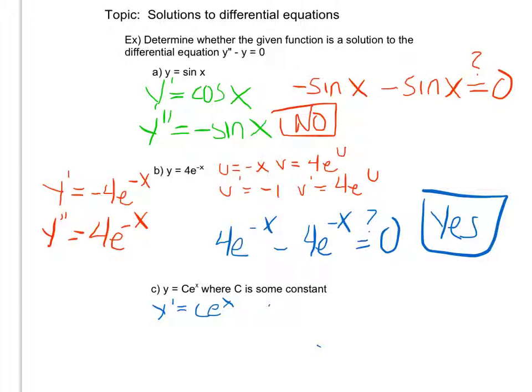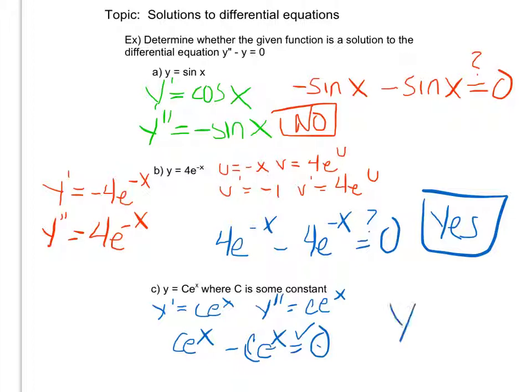And then y double prime will also be c e to the x. So y double prime minus y, which is c e to the x minus c e to the x, does equal 0. So yes, that is a solution.